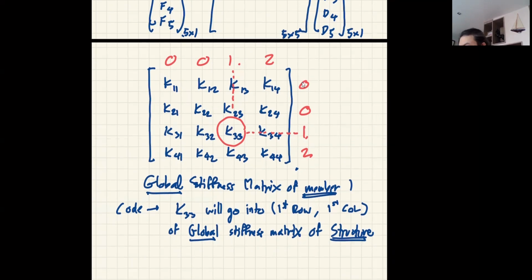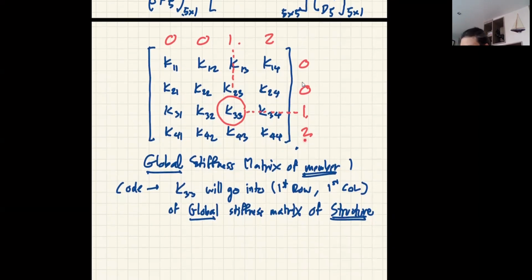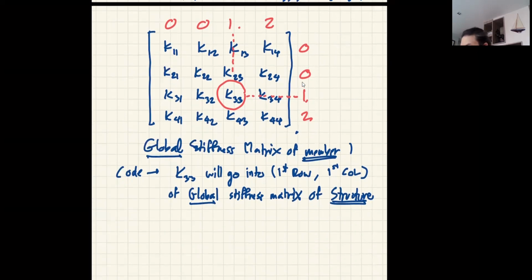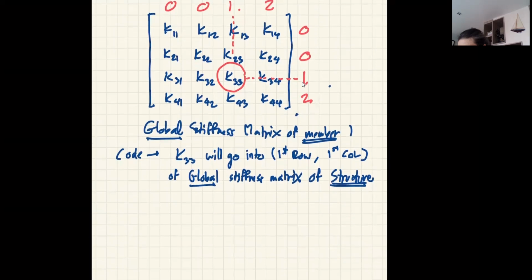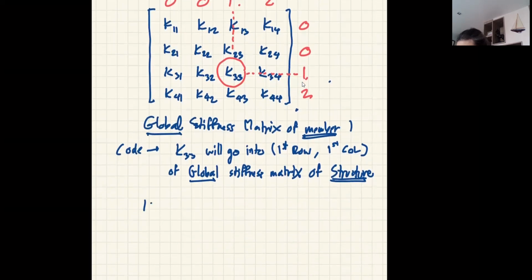So I can simply change this into the form for the stiffness matrix of the structure. Now we know it's going to be a 5 by 5. The contribution from member number 1, after looking at the code, will look like this: K33, K34, K43, and K44. This is the first row and the second row of the global stiffness matrix of the structure.